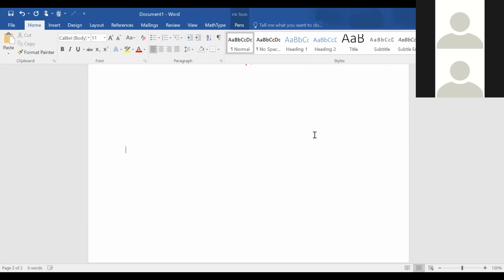But if your function looks like this one, you have a fraction, you have a denominator, you don't have a square root, you don't have a cube root, you don't have anything else, then you just concentrate on the denominator, right? That's it.